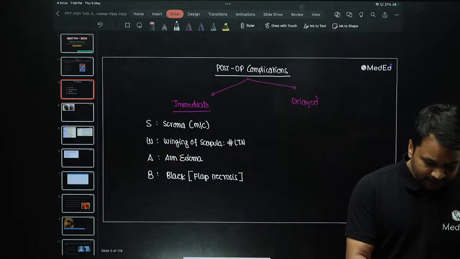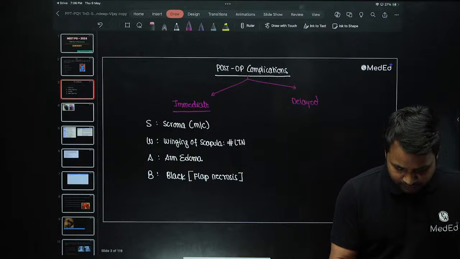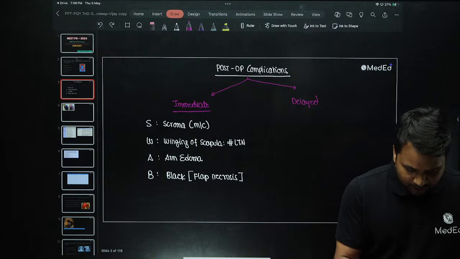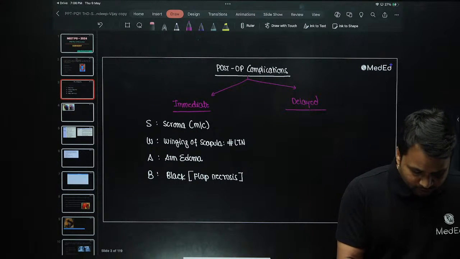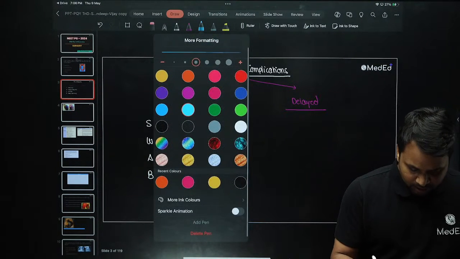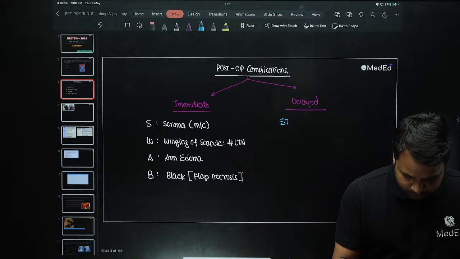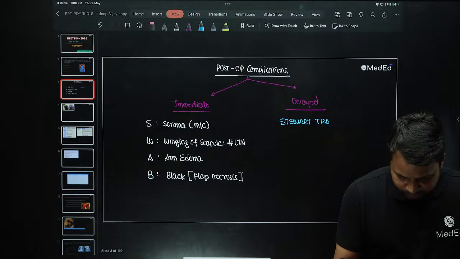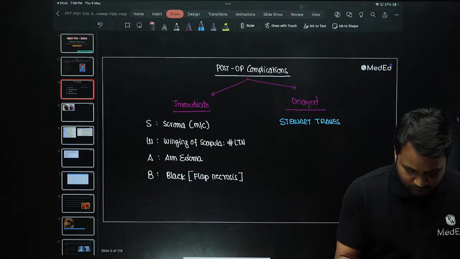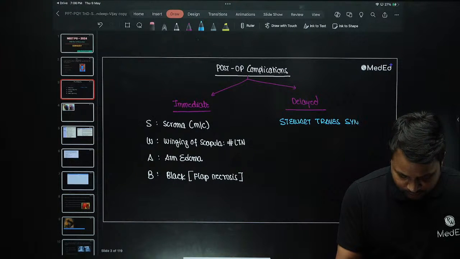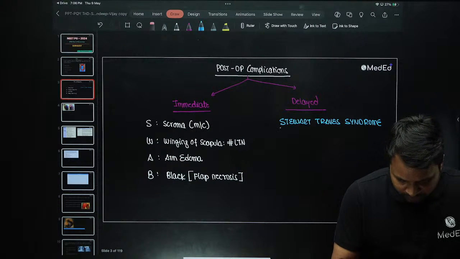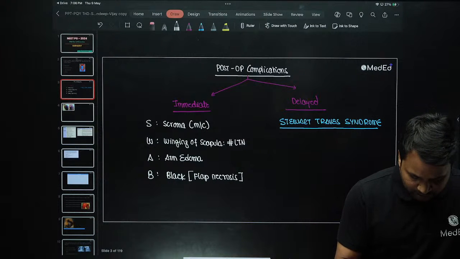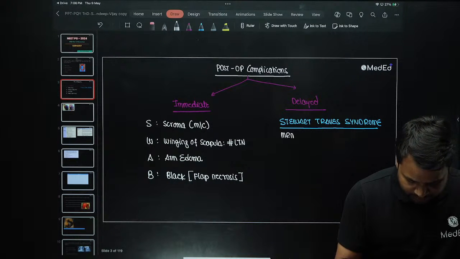Now, when you talk about the delayed post-operative complications, the one that stands out is Stewart-Treves syndrome. It usually occurs when a patient has undergone a modified radical mastectomy.